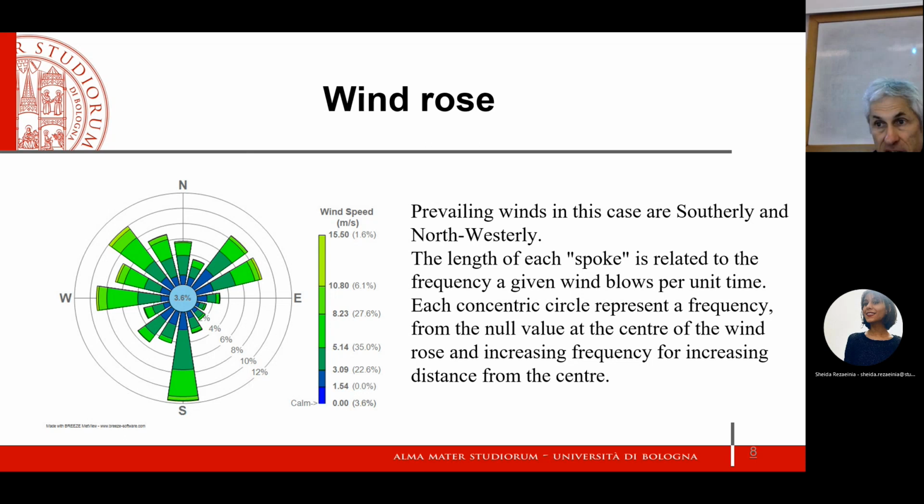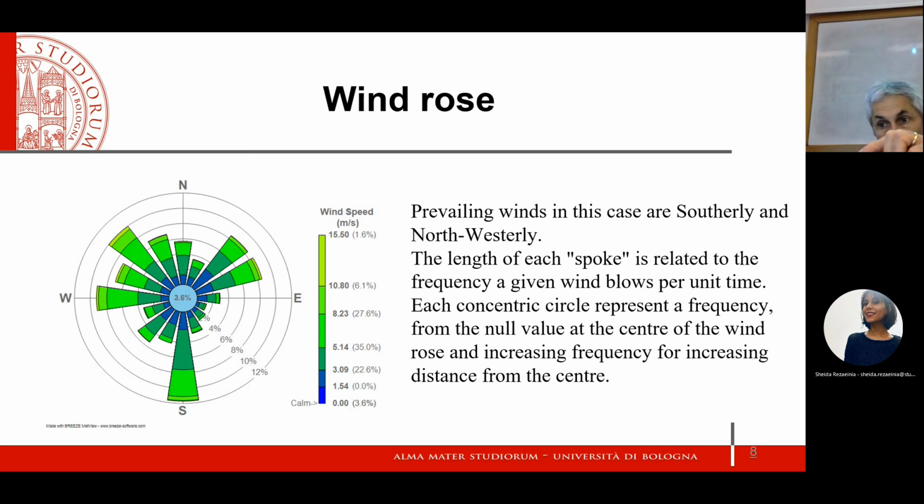And this is about 2%, because you see that the dark blue gets just a little bit over the 2% circle. And then we have up to about the 8% circle, which is wind between 0 and 5. So the 8% means 0 to 5. If you subtract the 2%, it means that you have an additional 6% between 1.5 and 5.